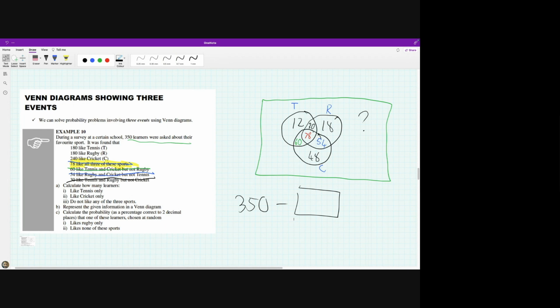And so a lot of punching into my calculator, and I have to watch out I don't make a silly mistake. Let's see, what do you guys get for the number of people who don't like any of these sports?